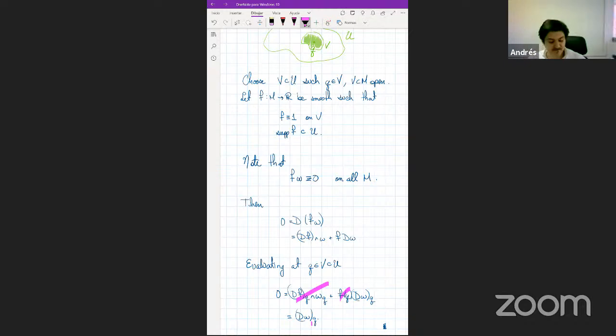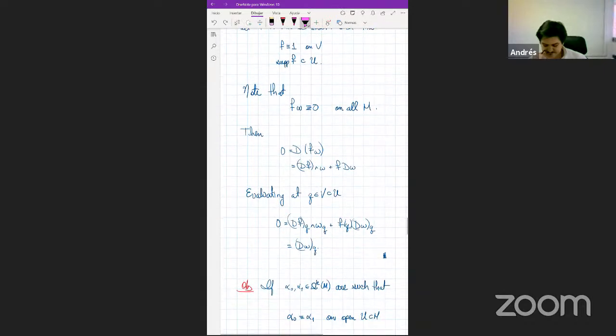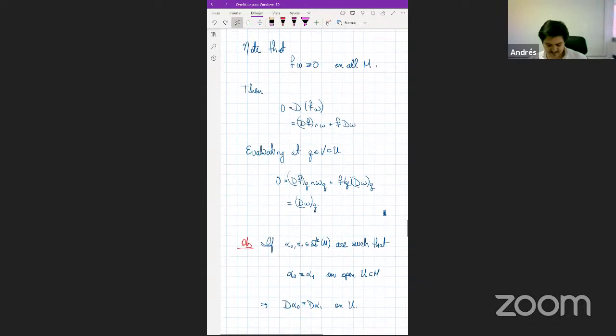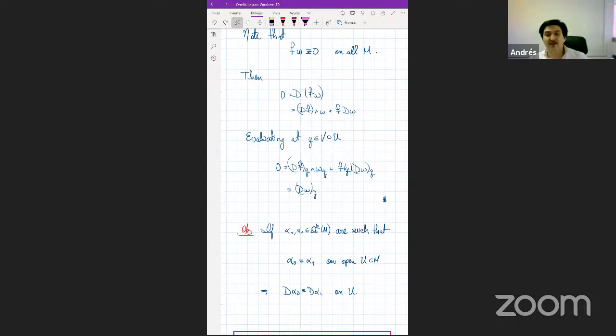So any exterior derivative is local. This observation is what I made before about being local, and this is the way that we will use that fact that D is local.